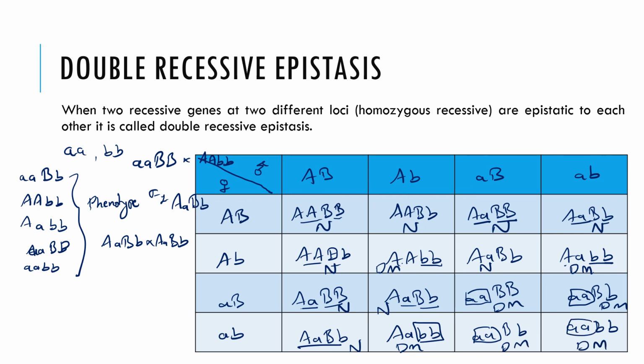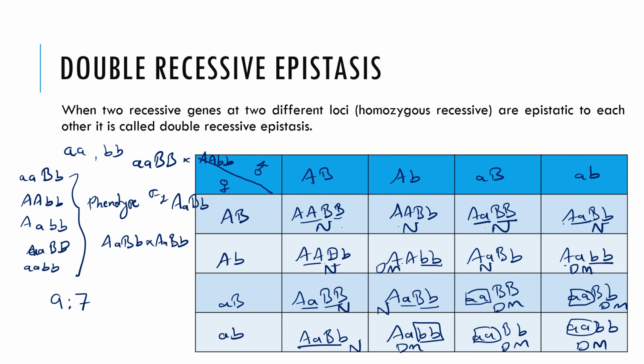So, if you look at the phenotypic ratio, out of the 16 individuals, 1, 2, 3, 4, 5, 6, 7, 8, 9, 9 will be normal, and the rest, 1, 2, 3, 4, 5, 6, 7, 7 will be epistatic or hypostatic, affected.